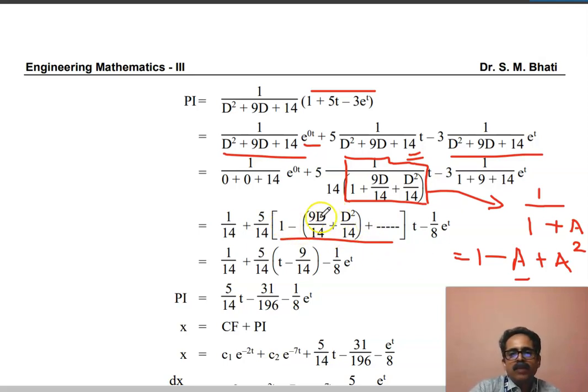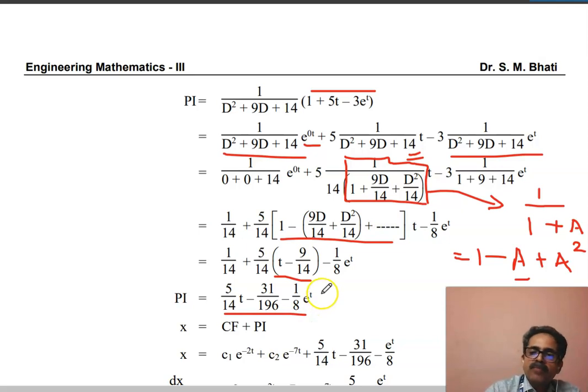The first term, the second term we have to neglect, and the third term is also not required because it contains D square terms. So only the first 2 terms are required, and you take the term-wise action on t, you will find this kind of expression, and in this way we obtain the value of PI.